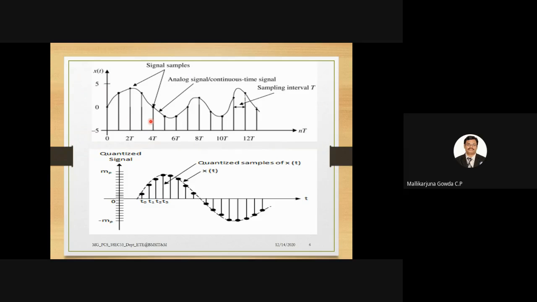So these are my signal samples. Then what is the quantization process? I am going to discretize these sample signals into different amplitude levels. So I take maximum amplitude as MP and minimum as minus MP. So these are the quantized samples of this signal.